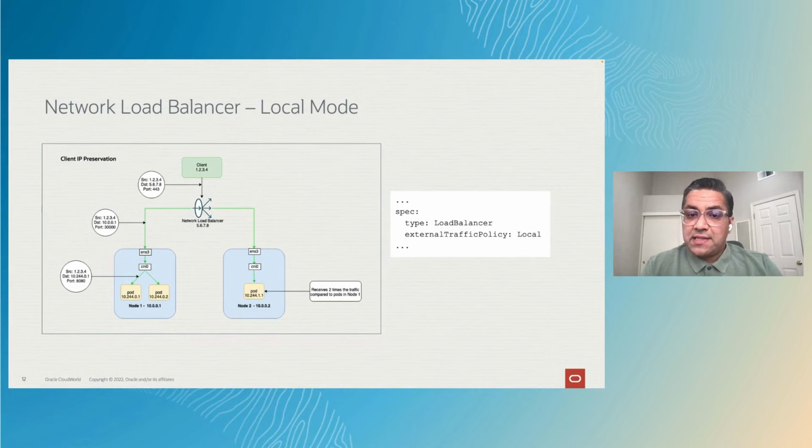Because the network load balancer is not aware of the pod placement in your Kubernetes cluster, it assumes that each backend, or worker node, receives an equal distribution of traffic. As you see in this diagram, this assumption can lead to select pods for an application receiving more traffic than the other pods.